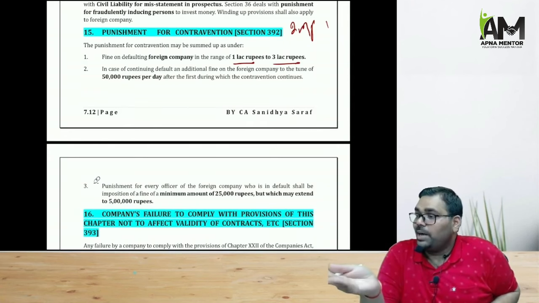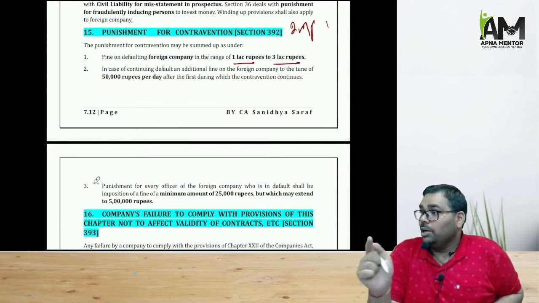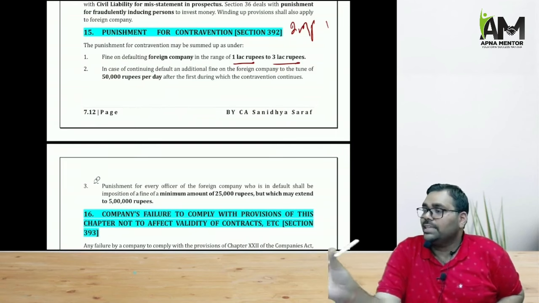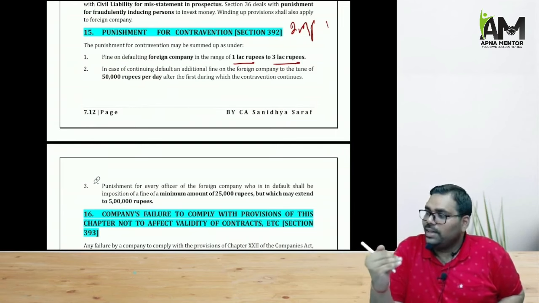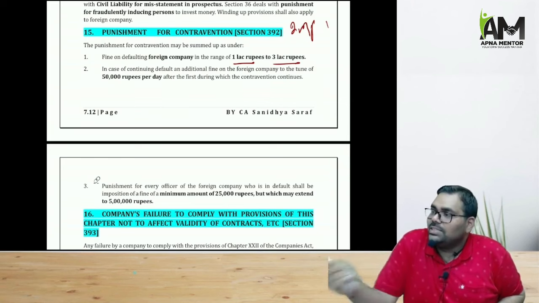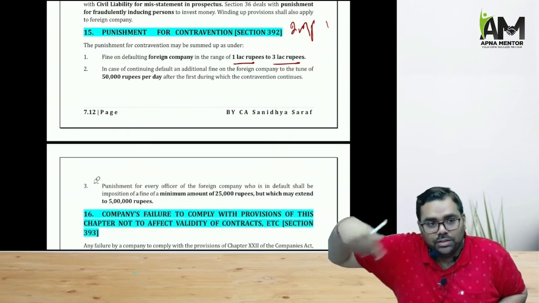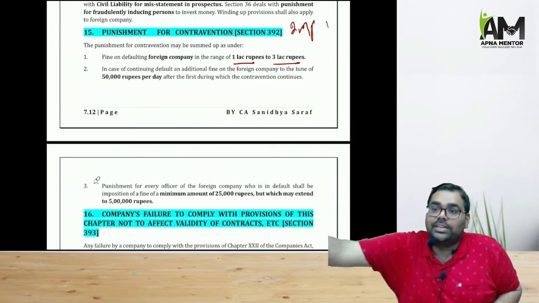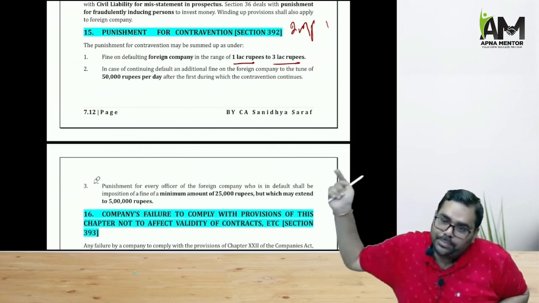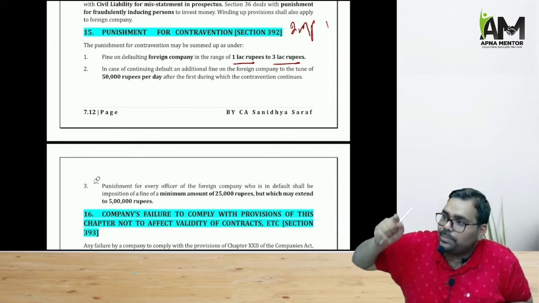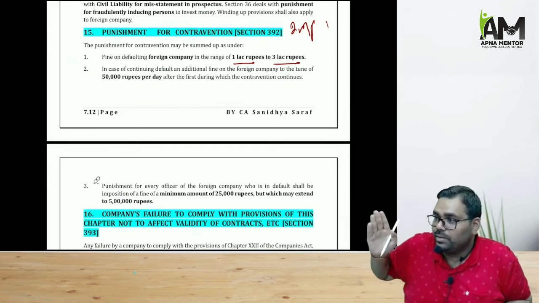But 6 months has passed, and still the filing is not done. Now let us say filing is not done till 9 months. Then for 3 months it will be a continuing default. Means you have done a default, and jab tak default chalta rahega, that is a continuing default. Till the time you continue doing the default, that's a continuing default. So jab tak default karoge, tab tak every day we will charge penalty.